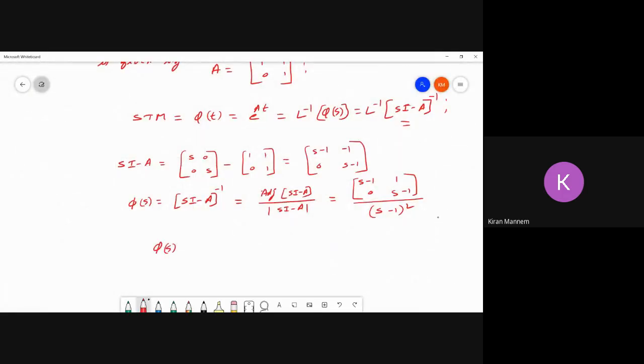your Φ(s) is equal to [1 by (s minus 1), 1 by (s minus 1) whole square; 0, 1 by (s minus 1)].